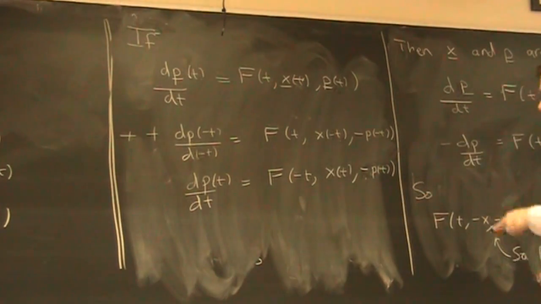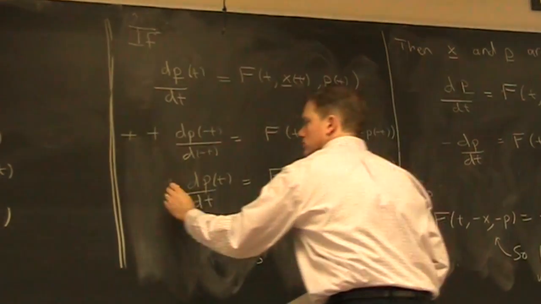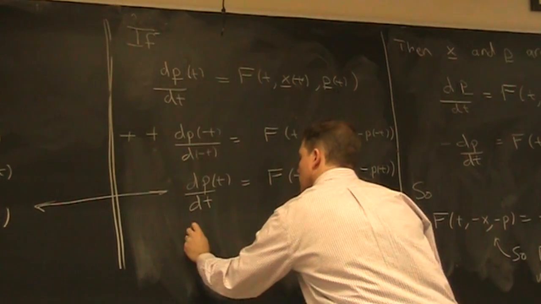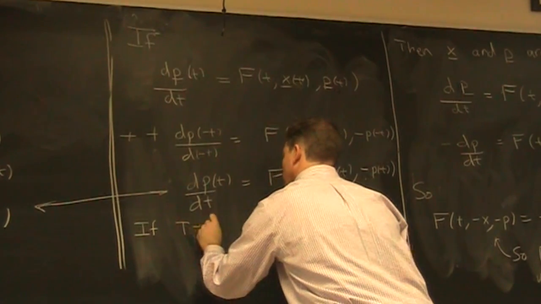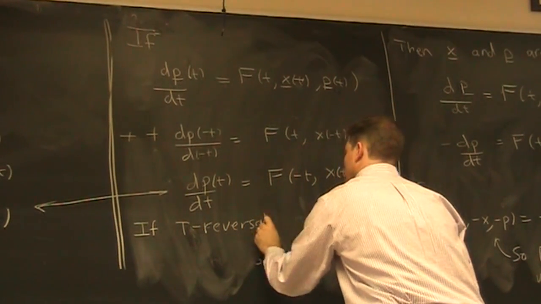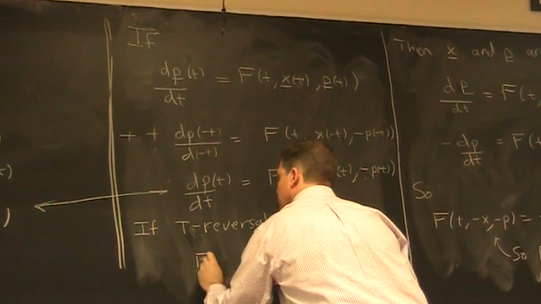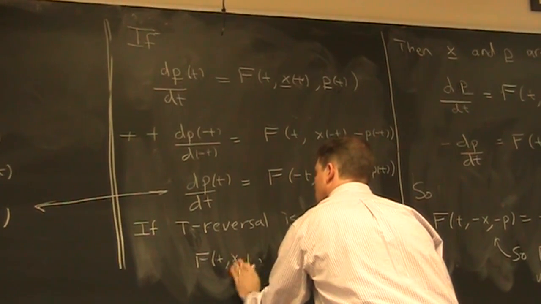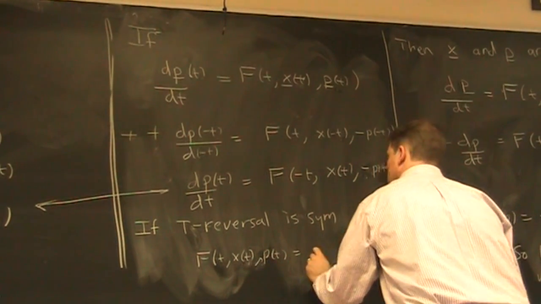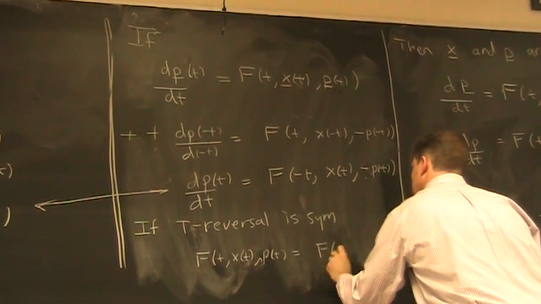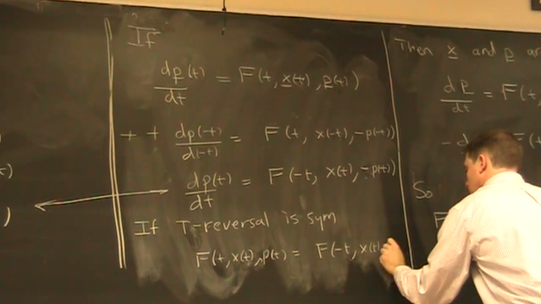Now a comparison would show that the forces need to satisfy certain requirements. So compare these two. You get a constraint: if time reversal is a symmetry, then f of t, x and p is equal to f of minus t, x of t, minus p of t.